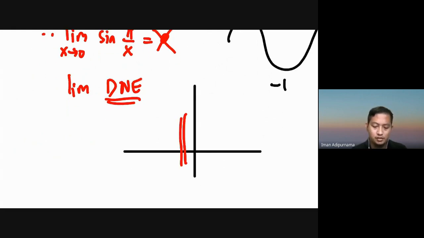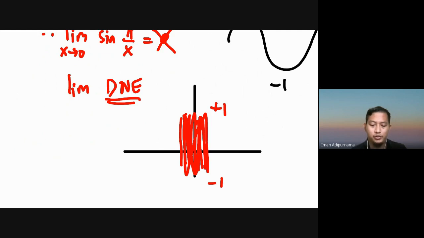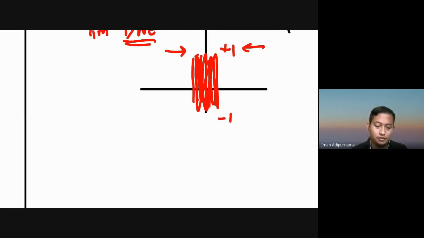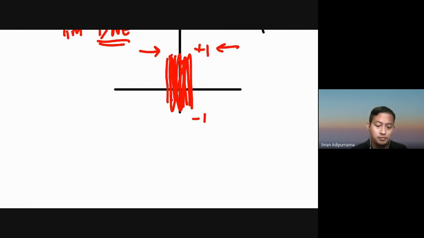If you see the graph, it's +1 and -1, and it's all over the place in the middle when you go from the right or from the left. So to approach the limit, if you can draw visually and imagine how it looks, that's also one way to guess or to assume the value.